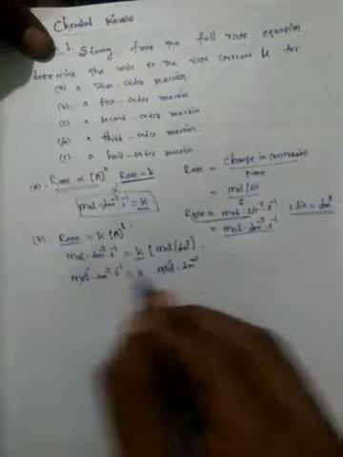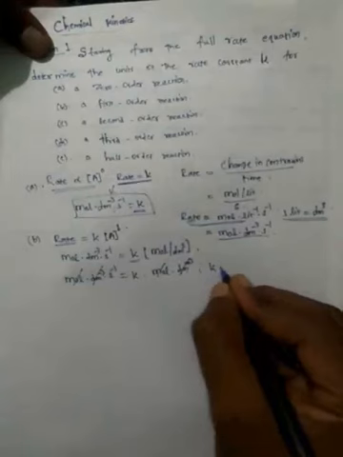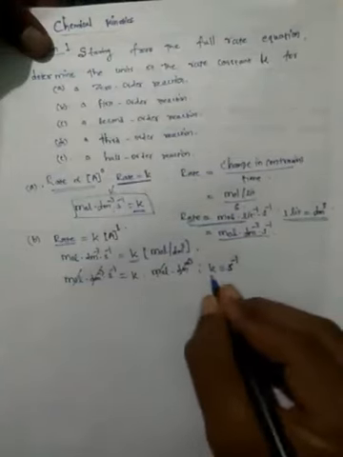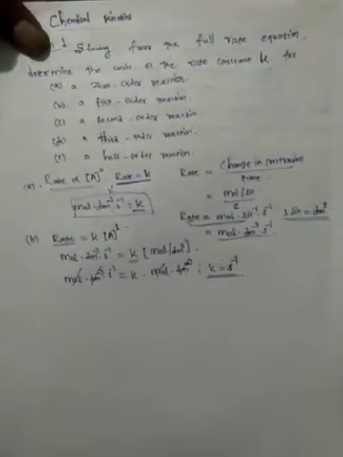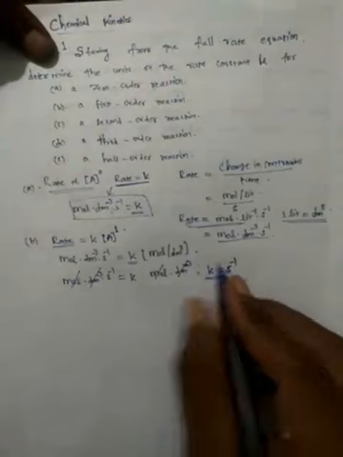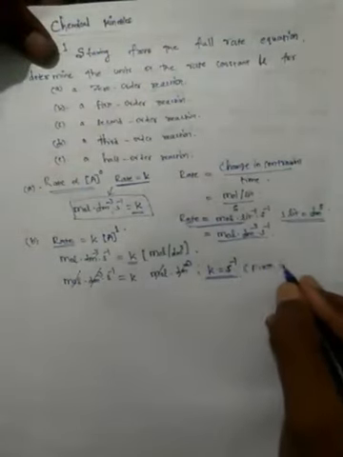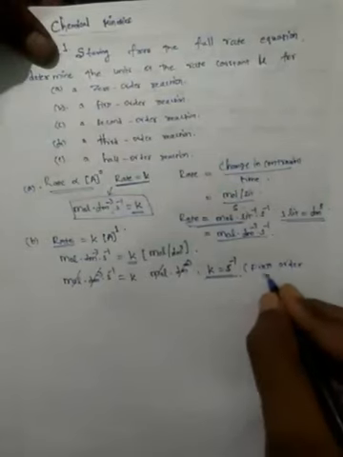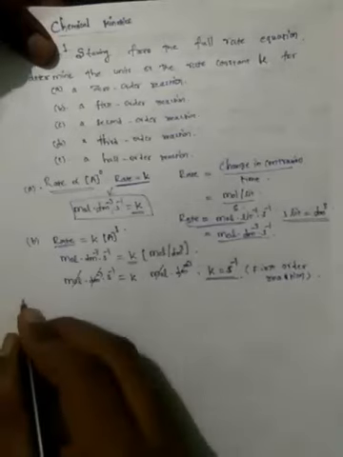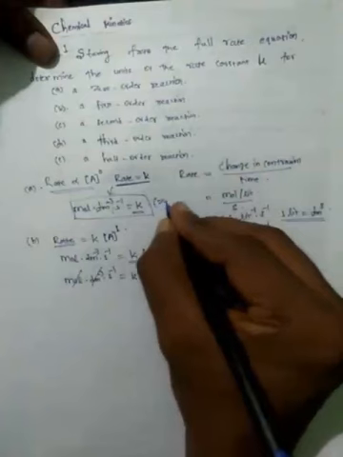So I can strike out, therefore K equal to second inverse. K equal to second inverse is the unit for rate constant of first order reaction. This is for first order reaction. This is for zero order reaction.